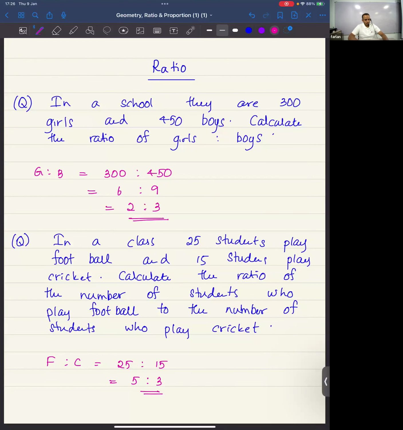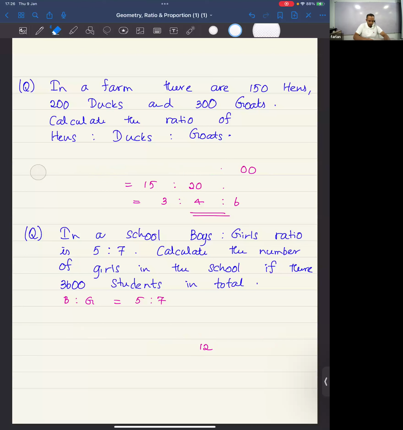Write down the next question. In a farm, there are 150 hens, 200 ducks, and 300 goats.